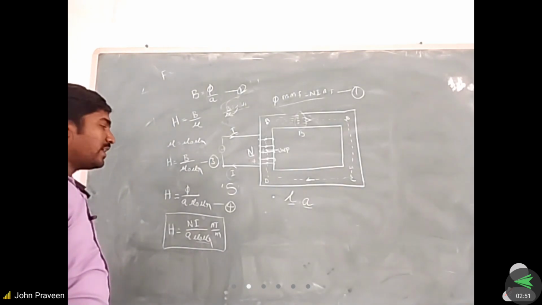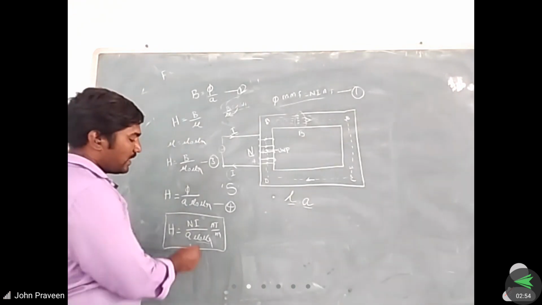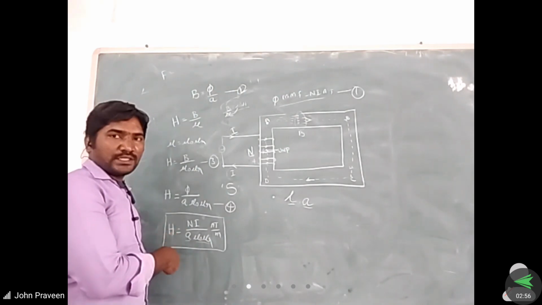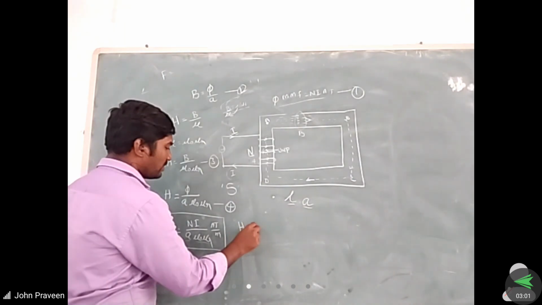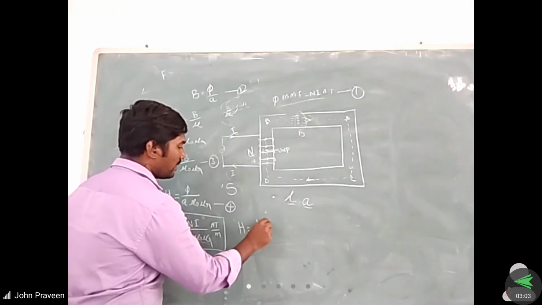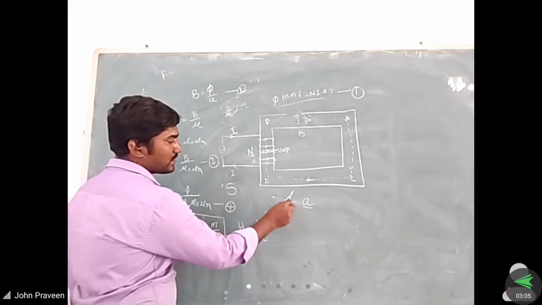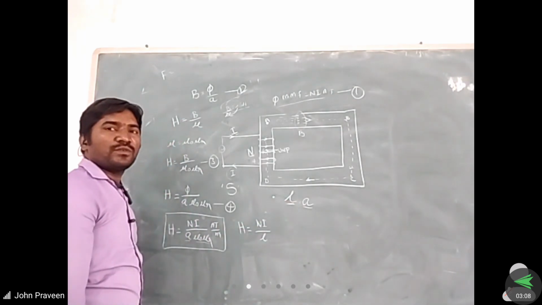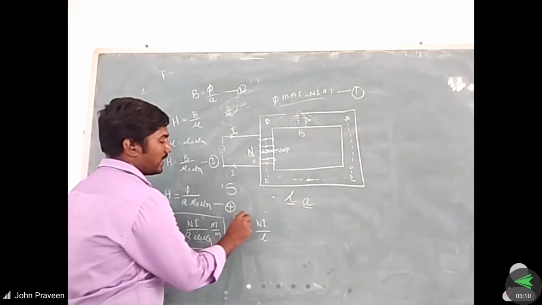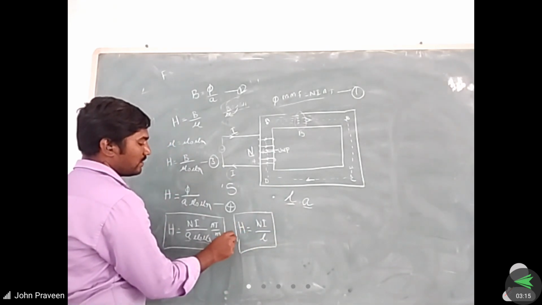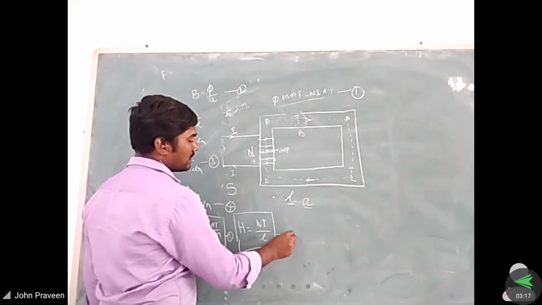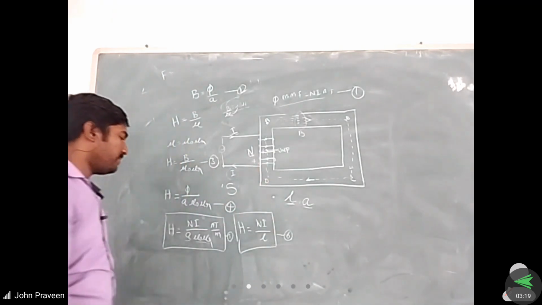Just assuming the cross section area is constant, but the length may change. So we can write H is equal to N I by L, because we are taking the length of the magnetic path here also. This is equation 5 and this is equation 6.